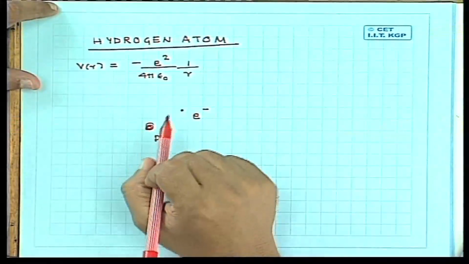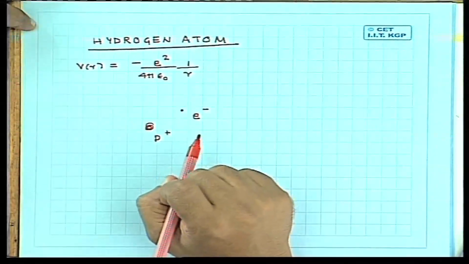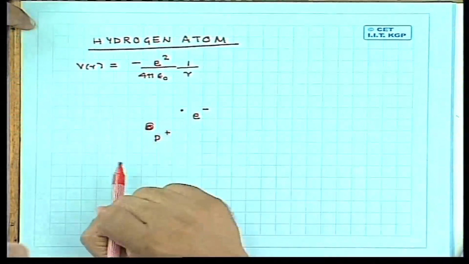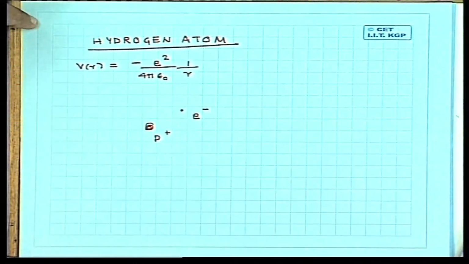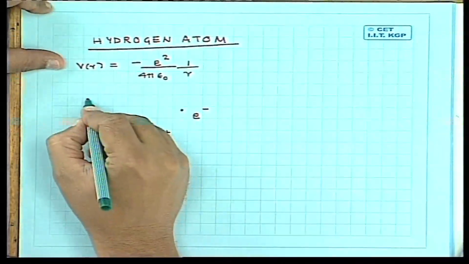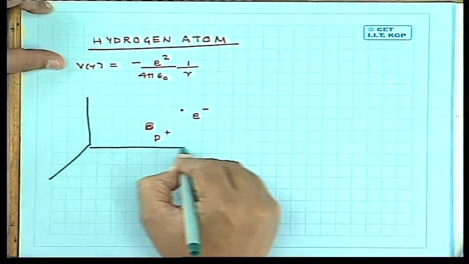But this problem can be reduced to the problem we have been dealing with. You might have already studied it in your classical mechanics course. Let me just go through the steps over here, how it can be reduced to a one body problem. So, let us choose some coordinate systems.